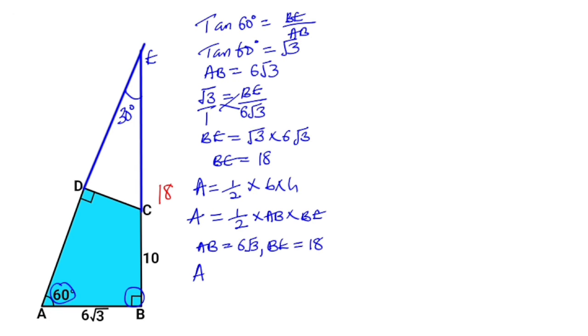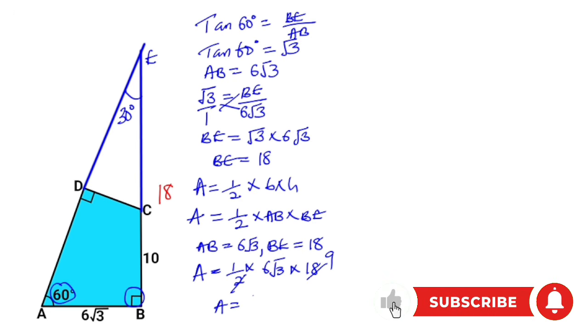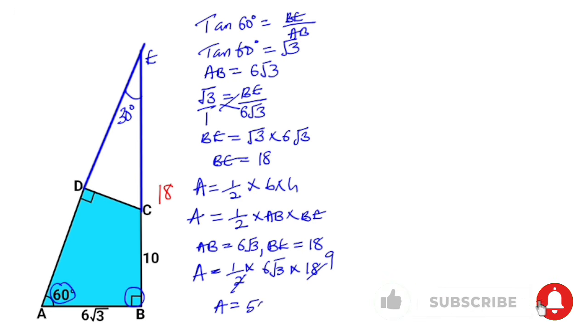That gives us 1 over 2 times 6 square root of 3 times 18. 18 divided by 2 is 9. And we are left with 1 times 6 square root of 3 times 9, which is equal to 54 square root of 3. Therefore, the area of triangle ABE is equal to 54 square root of 3.